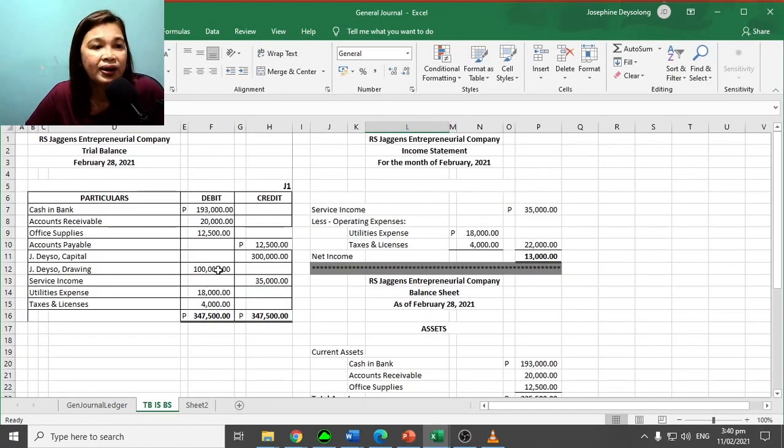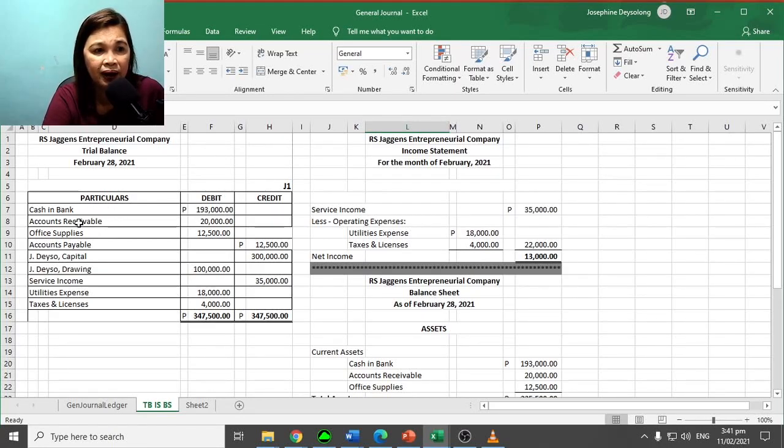Now, I have here RS Jagan's Entrepreneurial Company Trial Balance, February 28, 2021. So, I only have 3 columns here. Particulars, debit, and credit. So, I have here my particulars, 1, 2, 3, 4, 5, 6, 7, 8, 9. 9 particulars or 9 account titles under particulars.